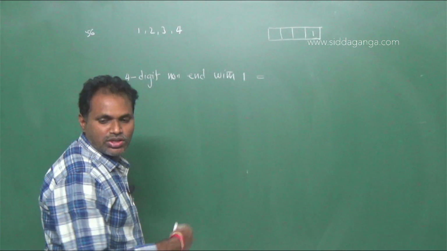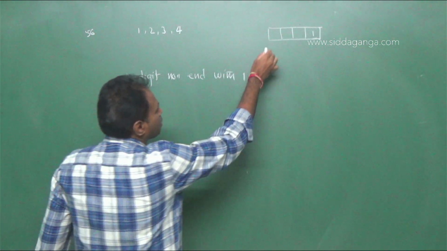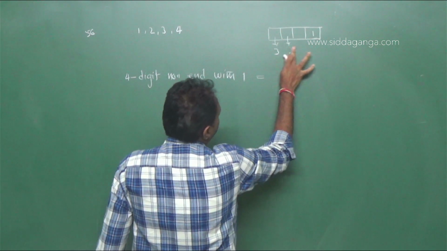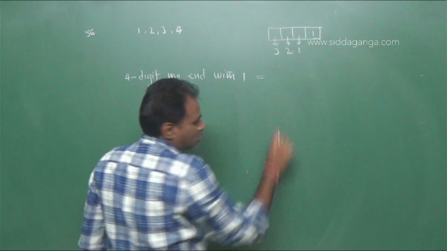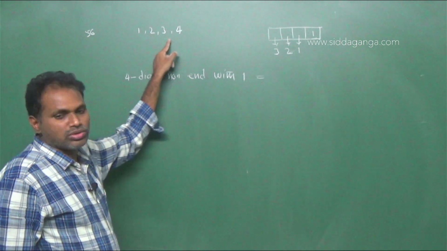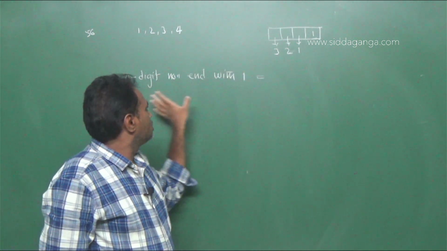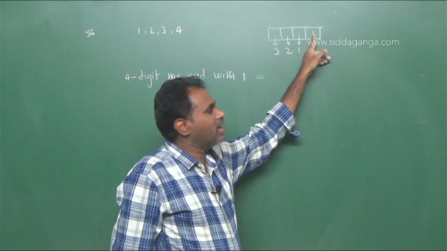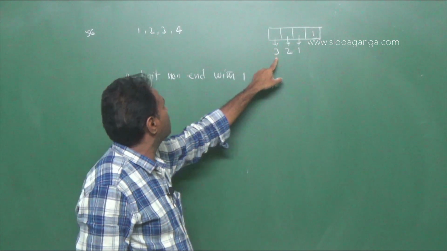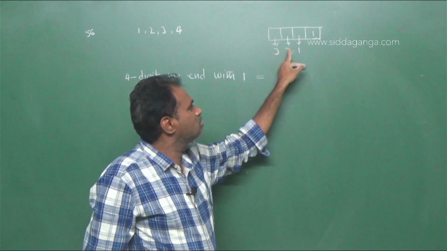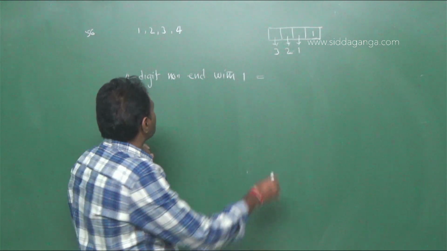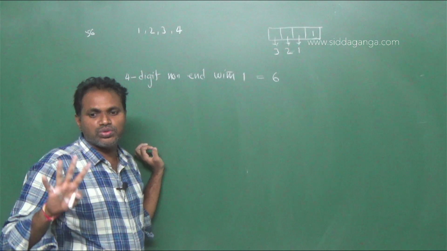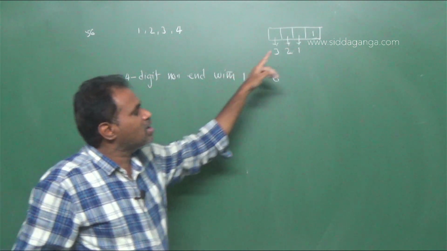Here 0 is not there. That's why for these 3 digits, the first box you can fix in 3 ways, second box 2 ways, and third box 1 way. Therefore, the 4-digit numbers ending with 1 are 6.